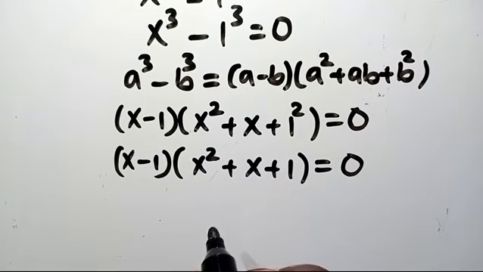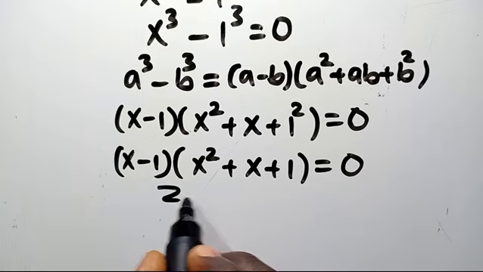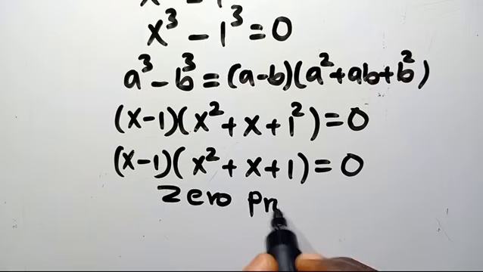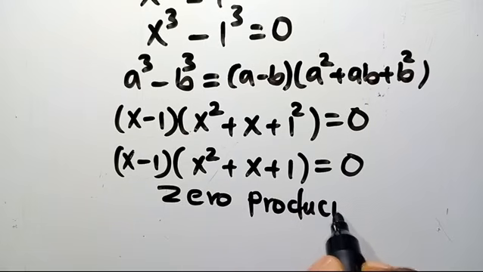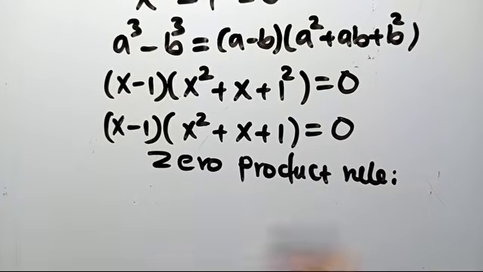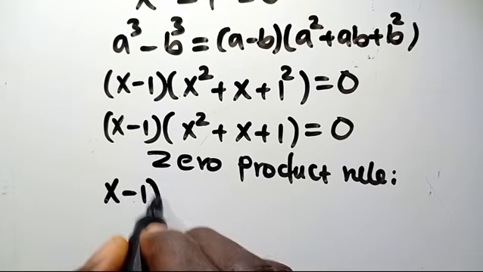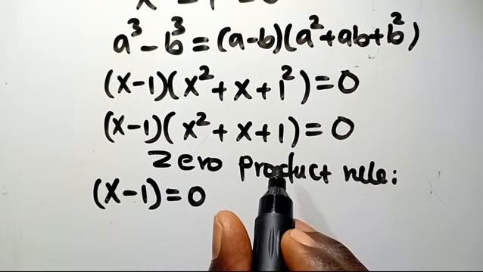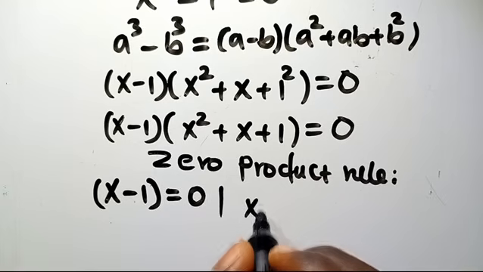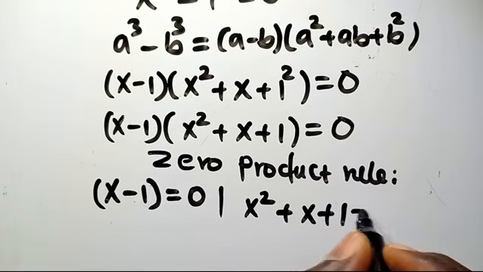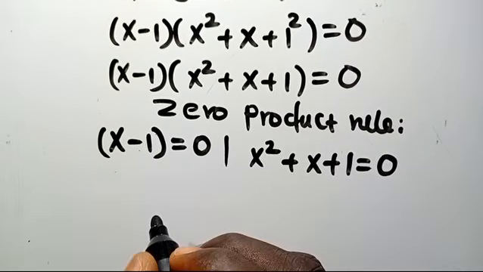Now, by applying the zero product rule, we are going to have x minus 1 to be equal to 0, or x squared plus x plus 1 to be equal to 0.